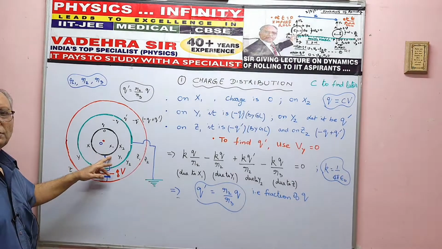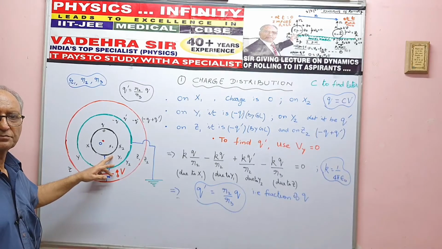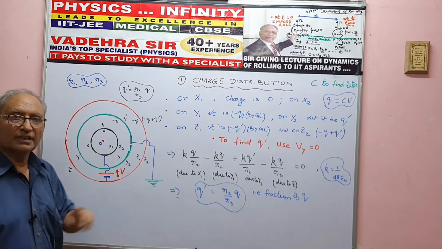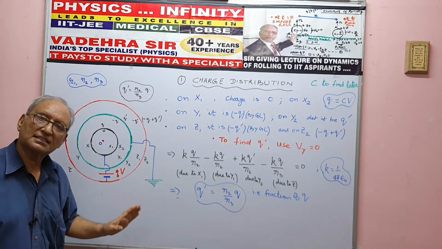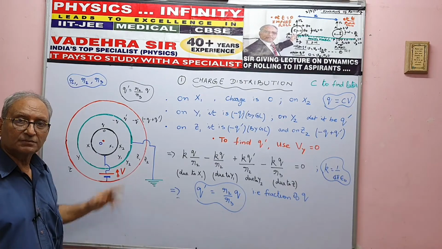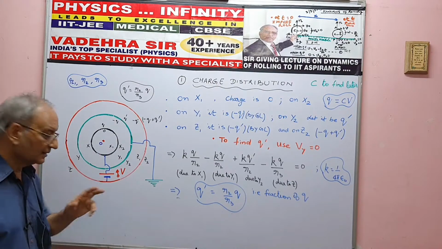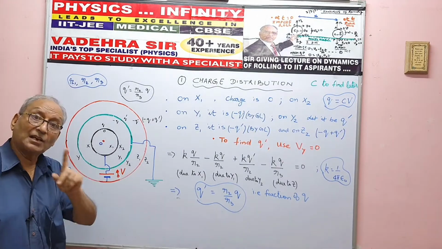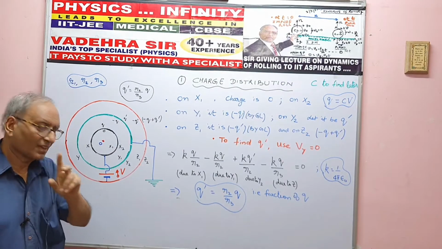So Q is given to the plate X and minus Q is given to the plate Z. Of course, the plate Y is earthed, and both the faces of Y, Y1 as well as Y2, are bound faces. Why?